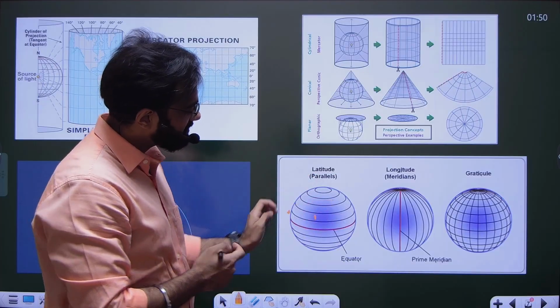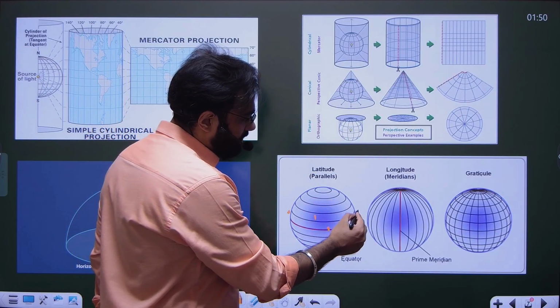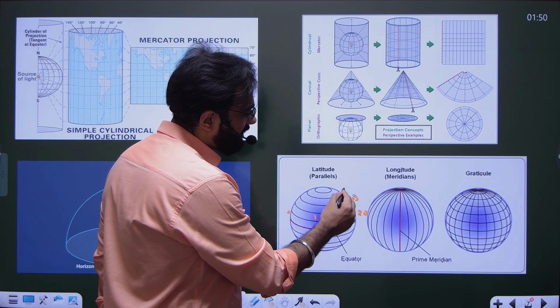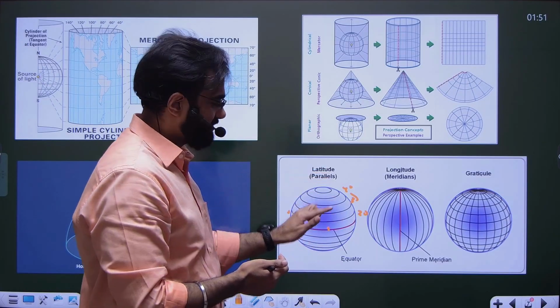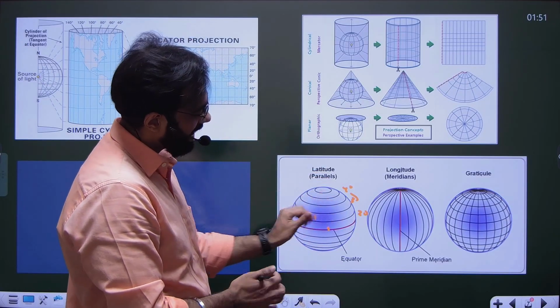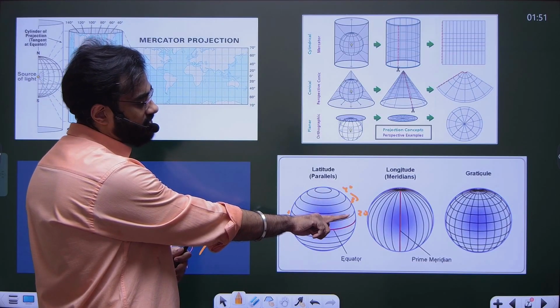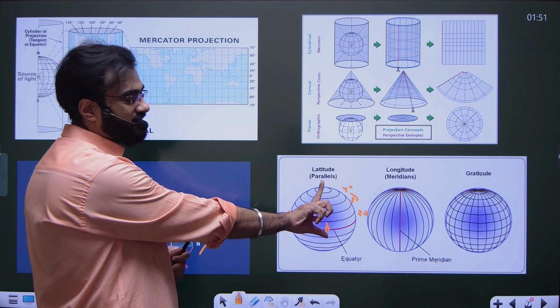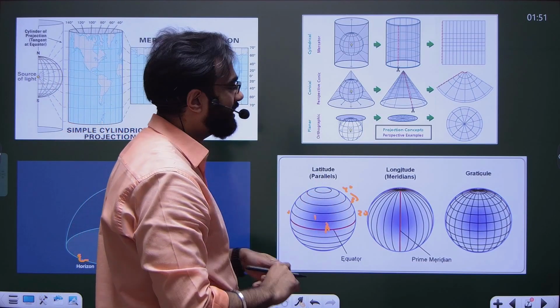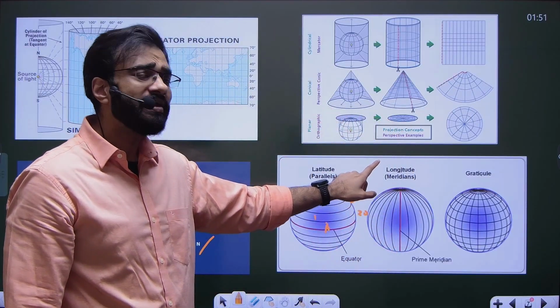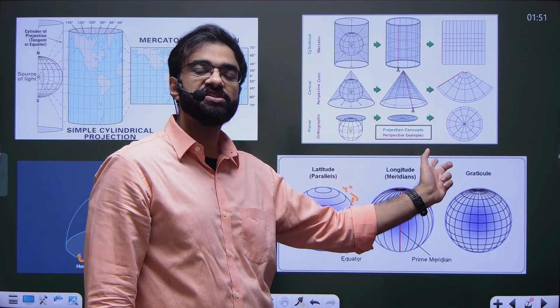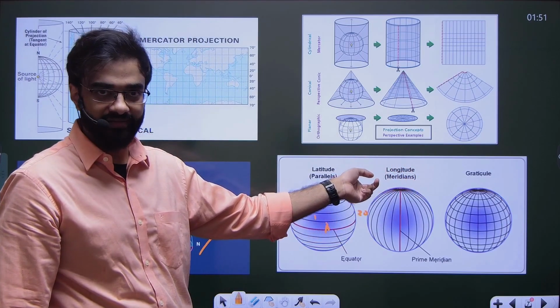When you write 20 degrees, 30 degrees, 40 degrees, you're not just drawing parallels, you are measuring the angle. So this is 0, this is 20, this is 30, this is 90. This is important. Similarly, longitude is the angular distance east or west of the prime meridian.